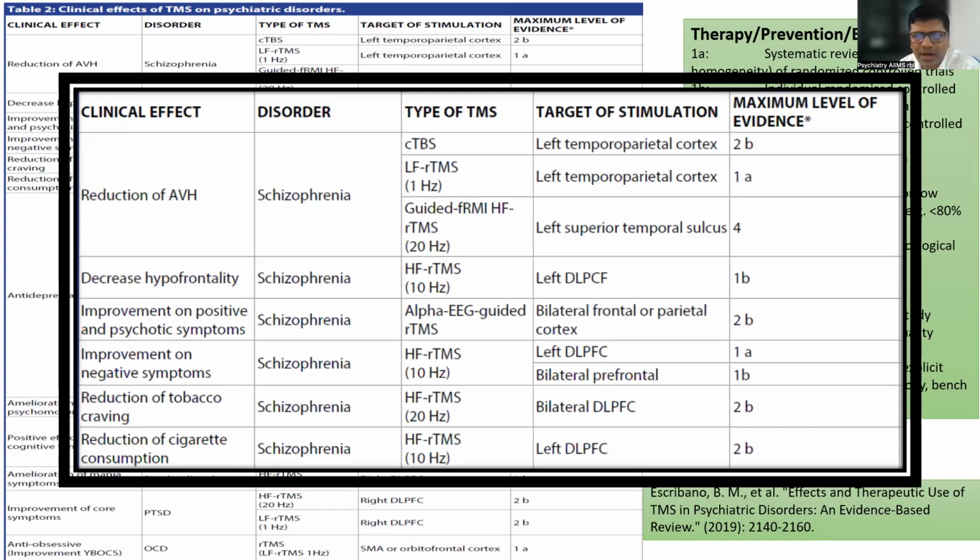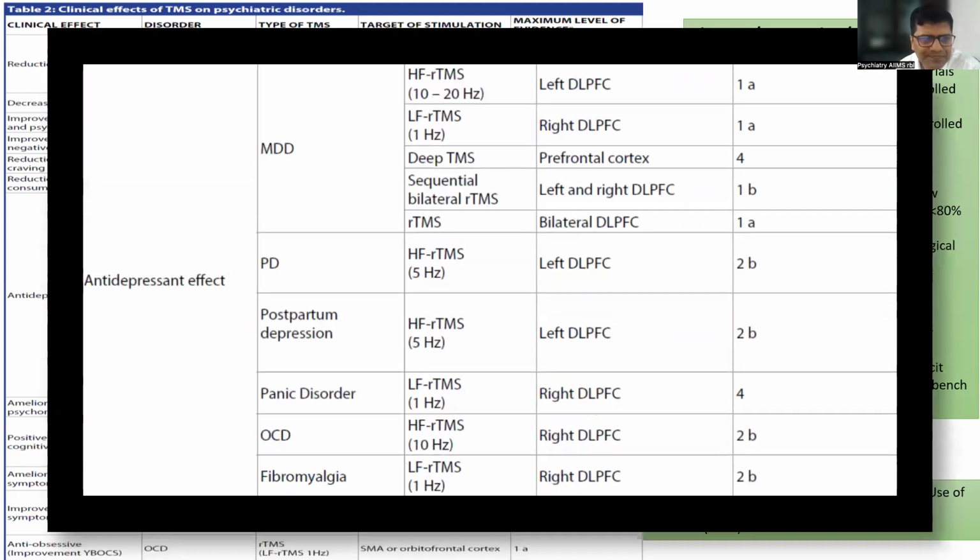This is available in this article, the therapeutic use of TMS in psychiatric disorders, an evidence-based review. You can refer to this article. You will get the level of evidence, what is the target area, what type of TMS strategy you need to follow for that, and what type of symptoms particularly improve with these interventions.